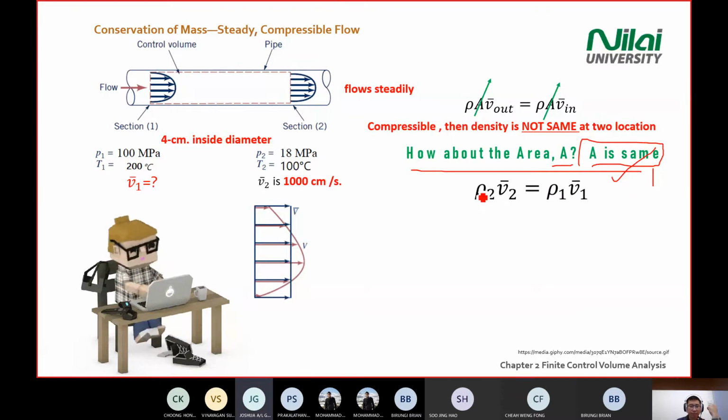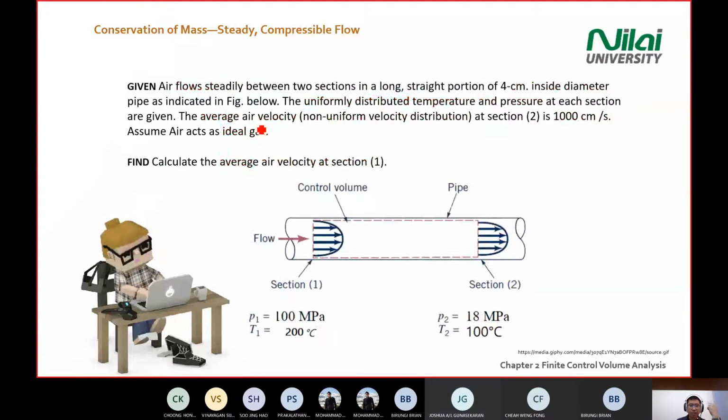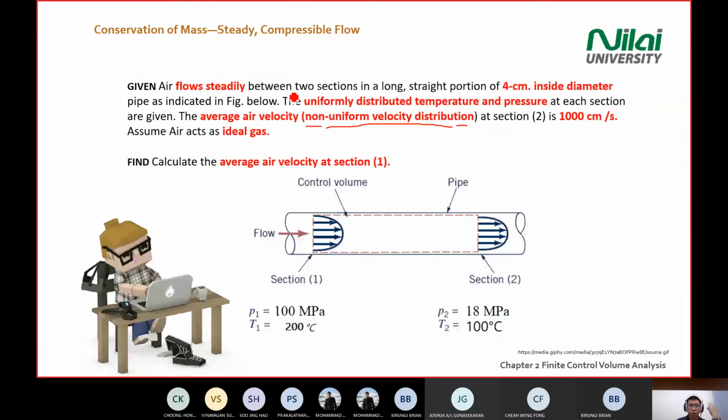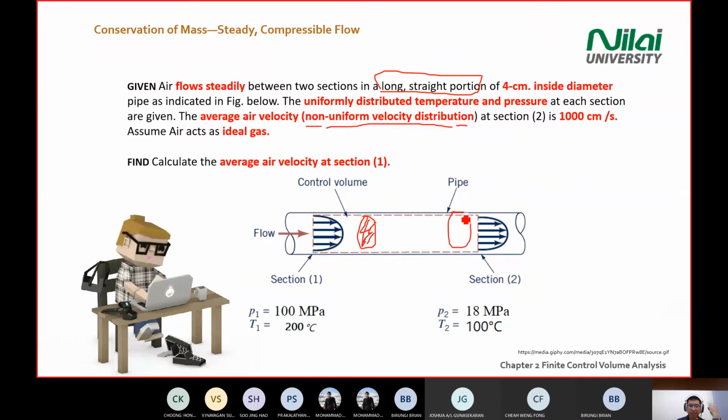Sir, can you repeat how the A is the same? Because it's straight. In the question you see here, two sections, long and straight. It means from here to here there is no change of cross section. If you cut here and calculate the area, and cut here and calculate the area, it will be the same, right?